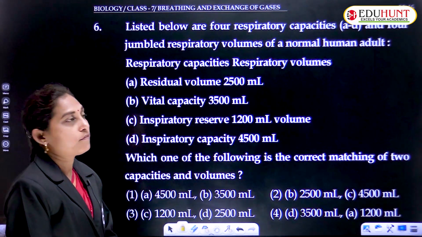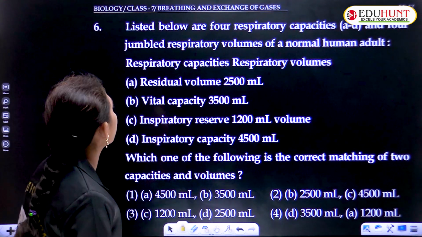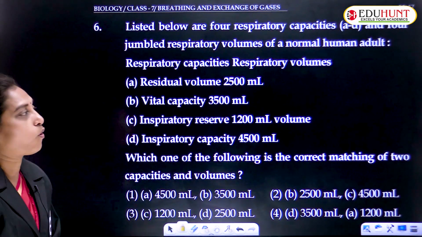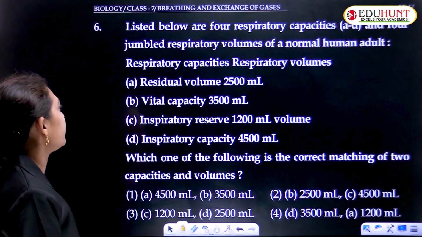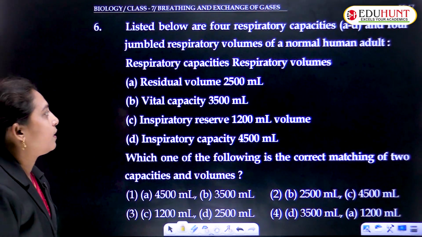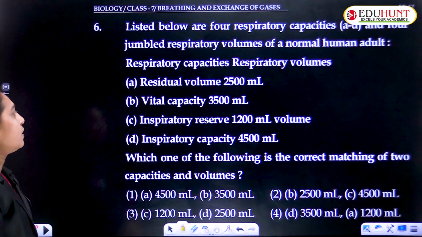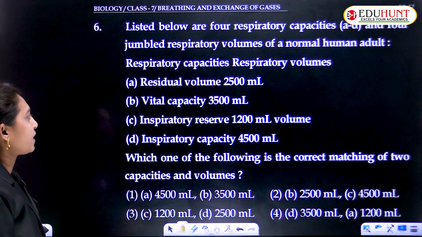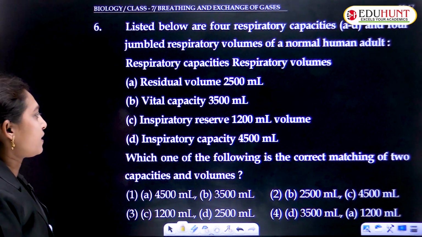Listed below are 4 respiratory capacities A to D and 4 jumbled respiratory volumes of a normal adult human being. These are the respiratory capacities, and these are the respiratory volumes: residual volume, vital capacity, inspiratory reserve volume and inspiratory capacity.